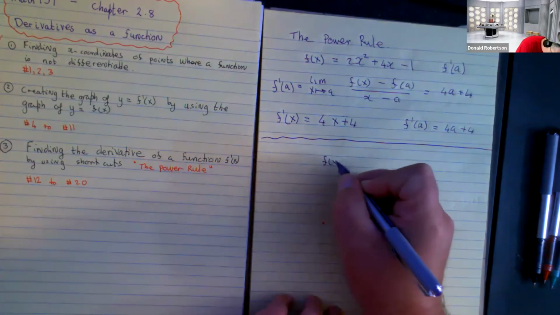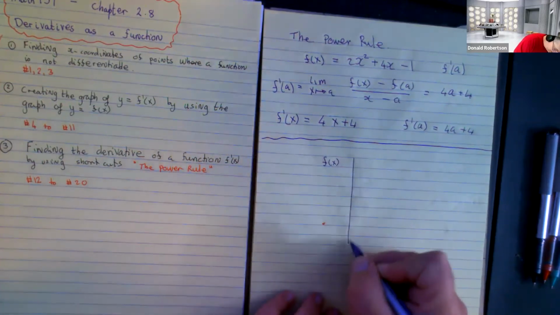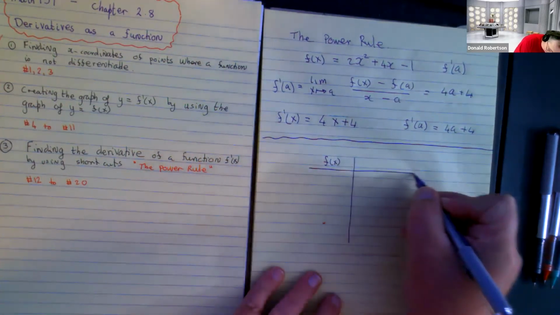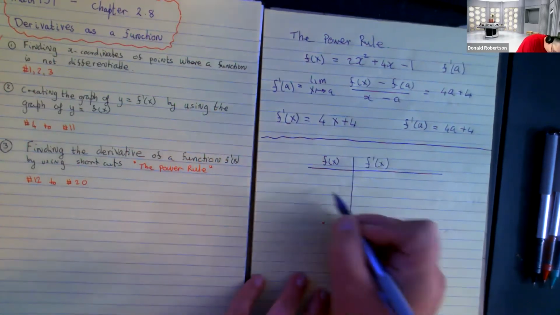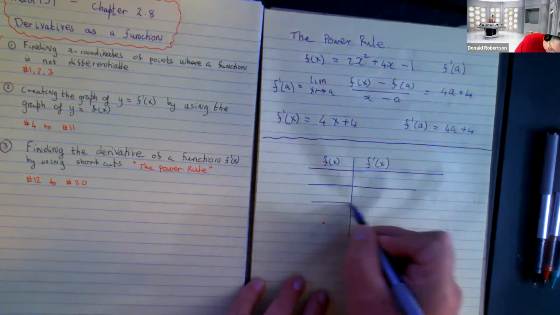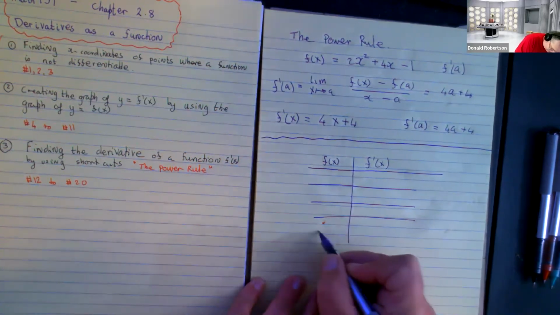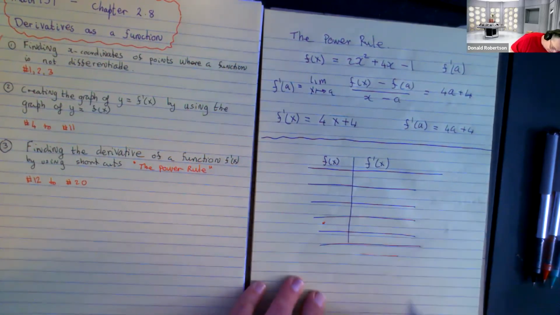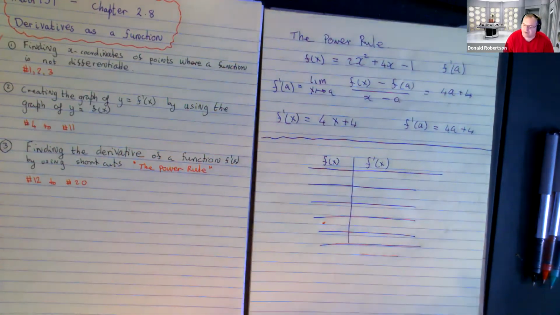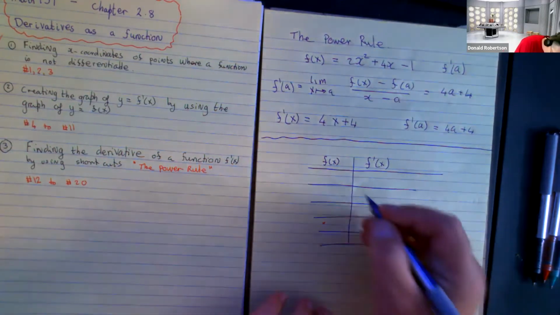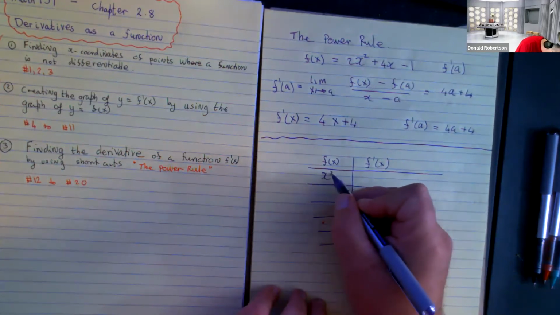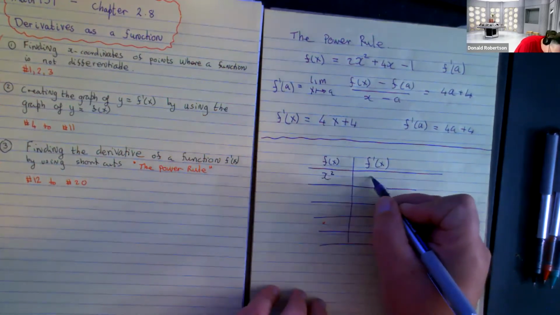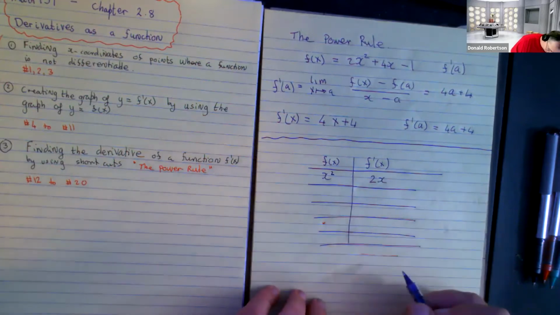Here is a function, and right next door to it, I'm going to tell you what its derivative is. Hopefully you will see a pattern, and that pattern is actually the power rule. Suppose my function was x squared. That would be 2x.